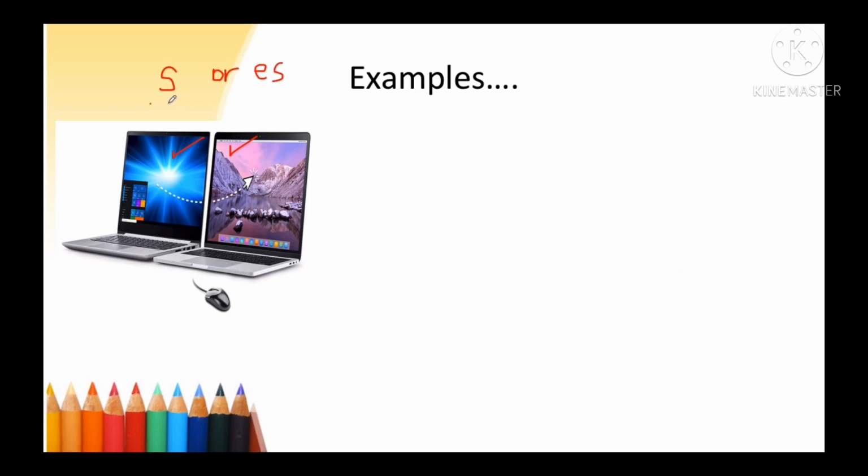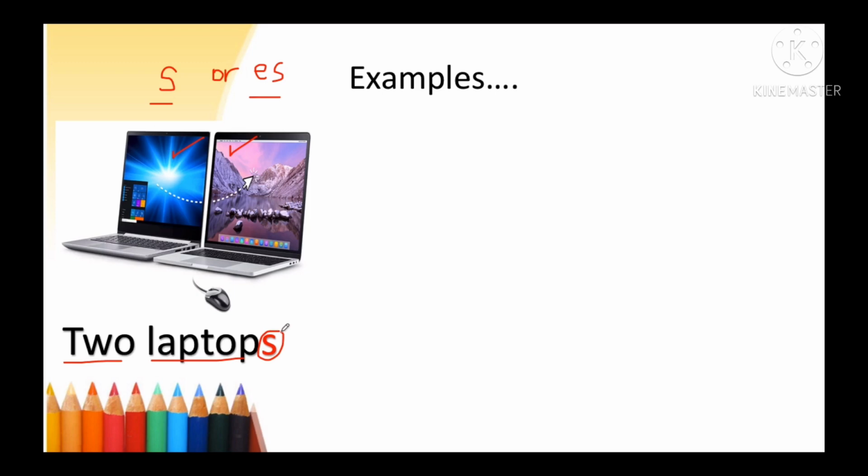These are called laptops. See? If we have two, then we need to add S. But if I have only one laptop, then I will just call it laptop without S. But since we have two, we need to call this laptops.